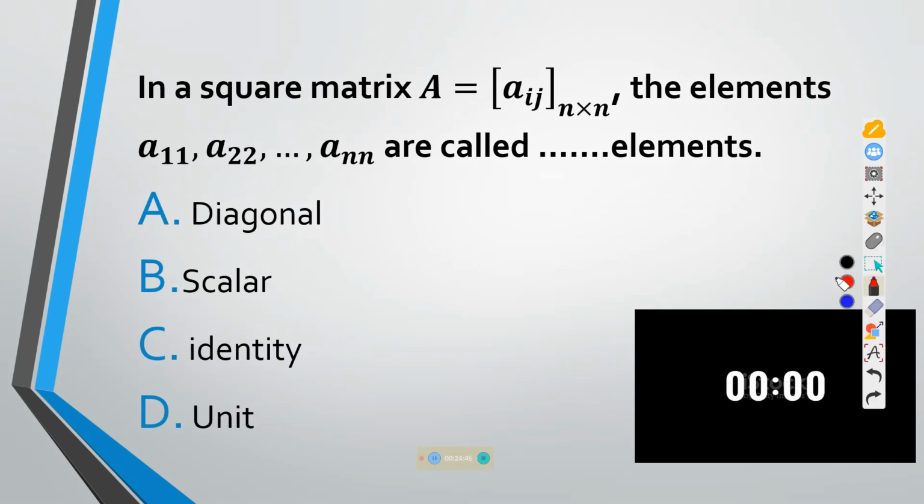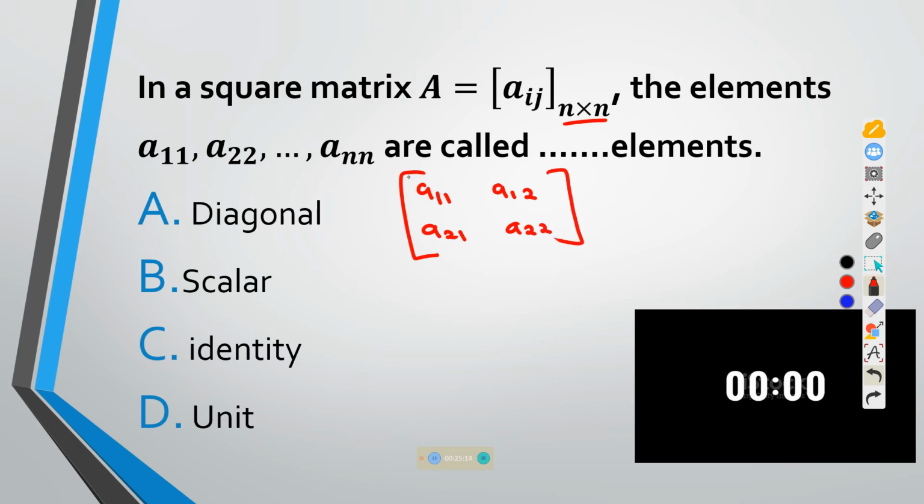We are told that in a square matrix A, which is equal to Aij, an n by n matrix, the elements A11, A22 up to ANN are called dash elements. Think about a 2 by 2 matrix, having A11, A12, A21, A22.